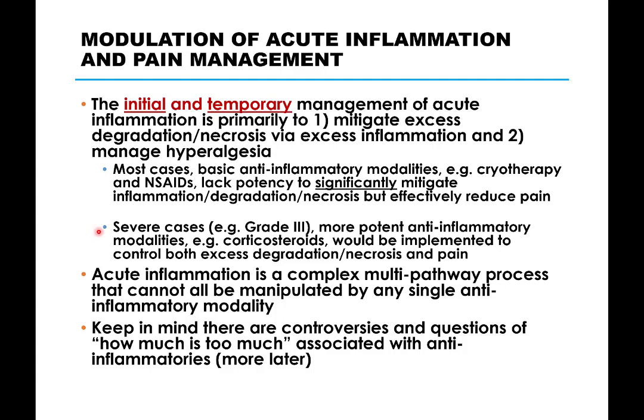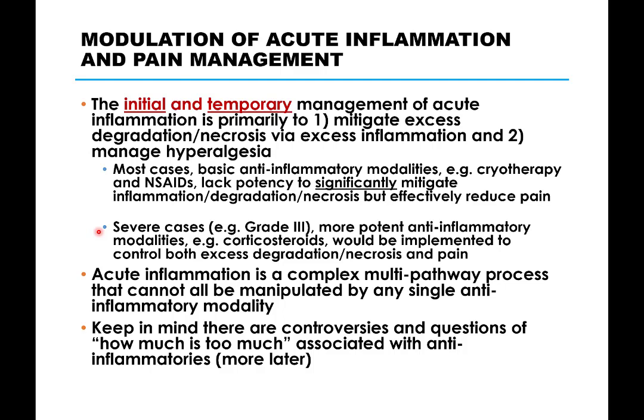The reason why a more potent anti-inflammatory agent is introduced with a more severe strain is because the inflammation is extreme. And thus these corticosteroids, for example, are utilized to control that so that we don't have severe secondary damage from excessive degradation and necrosis. Secondarily, these corticosteroids would help with pain management, but it is not the primary intent for corticosteroid administration.